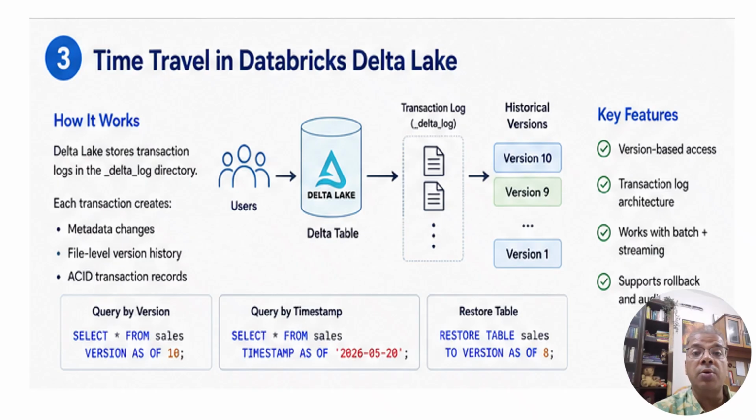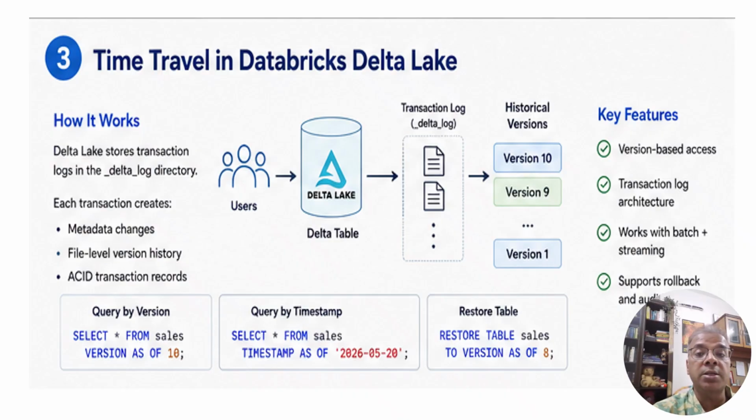Let's first look at how Databricks implements time travel using Delta Lake. Delta Lake maintains a transaction log called delta log. Every operation, inserts, updates, deletes, merges, creates a new version of the table. This transaction log stores metadata changes, file level history, and ACID transaction information.